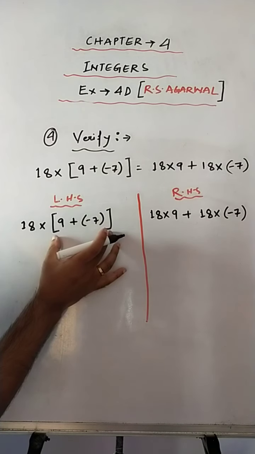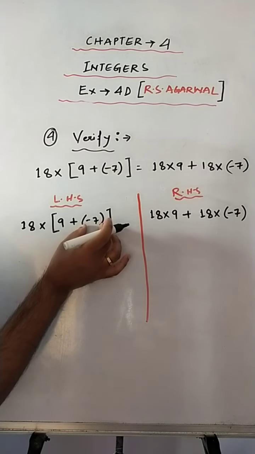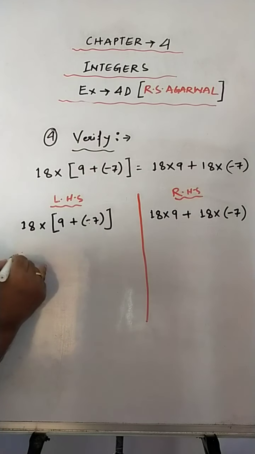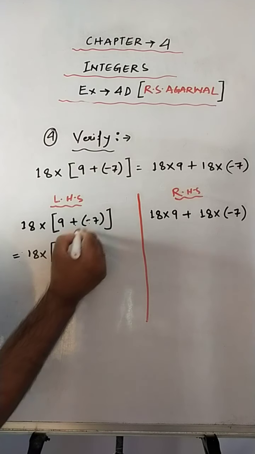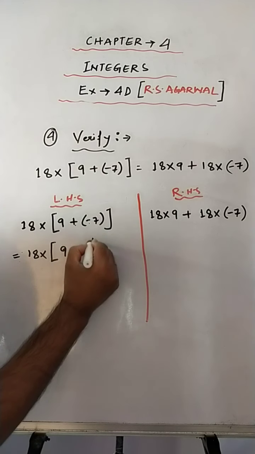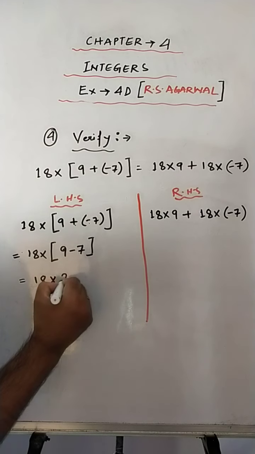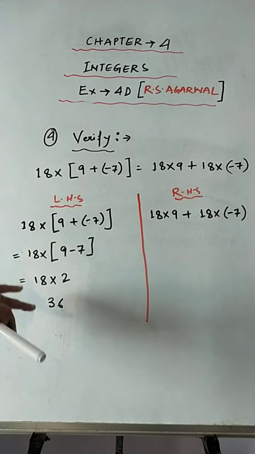First of all, we have to solve this square bracket, but inside the square bracket there is one first bracket. We have to open this first. So 18 into 9 plus minus is minus. Now we have to solve this: 18 into 9 minus 7 is 2. 18 2s are 36. So the LHS answer is 36.